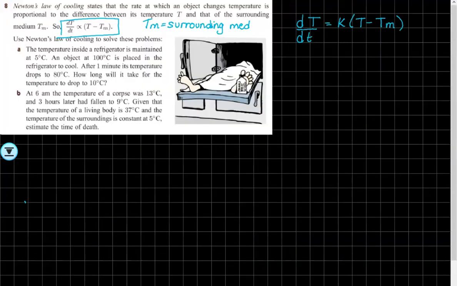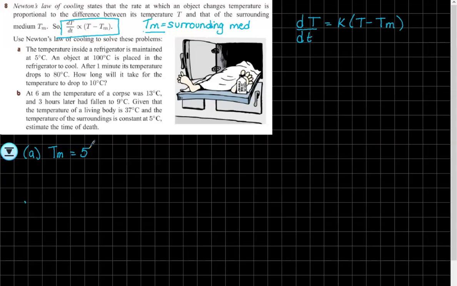Okay, so we've got a lot of information over here. So that's the first thing I'm putting. We read for part A, we've got the temperature inside the fridge is 5. So I'm probably putting Tm equals 5. An object at 100 degrees is placed in the refrigerator to cool.